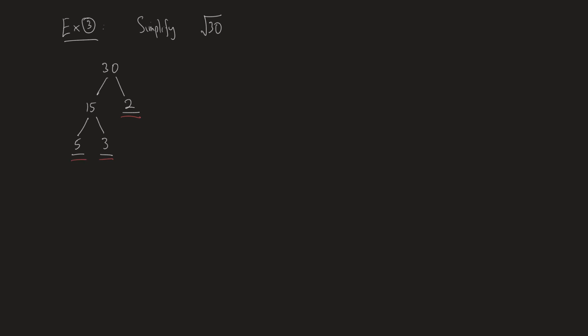But that's actually not that helpful, right? Because if I look at this, I can write the square root of 30 as the square root of 2 times 3 times 5. The product property lets me pull this apart as root 2 times root 3 times root 5. That doesn't look a whole lot simpler than root 30. Some people might say it is. Again, simplicity is in the eye of the beholder.